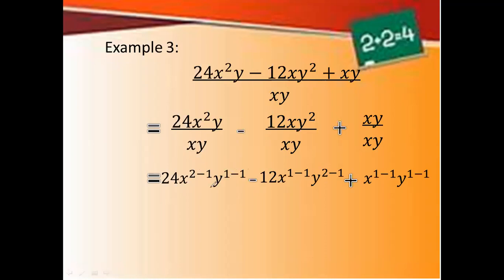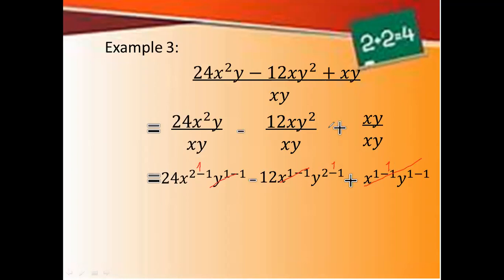So therefore, this can be canceled out because that is equivalent to 1. And here, x also, 1 minus 1 is 0, so we can cancel that one out. Here we have 2 minus 1 is 1. And here, x, 1 minus 1, y minus 1, we can cancel that one out because it is raised to the power of 0, so it is equivalent to 1.